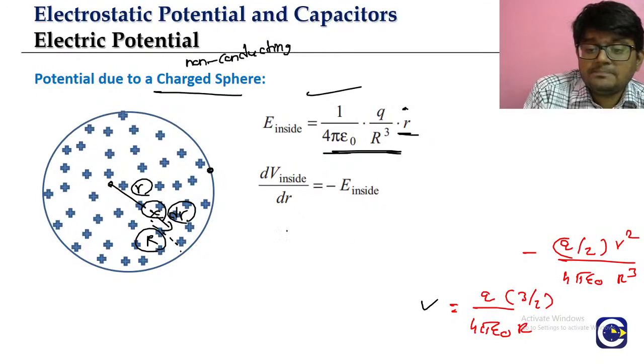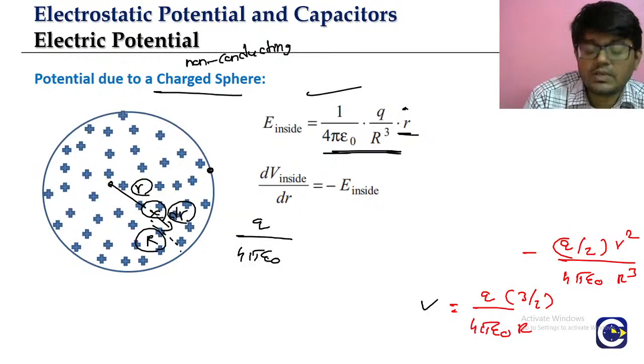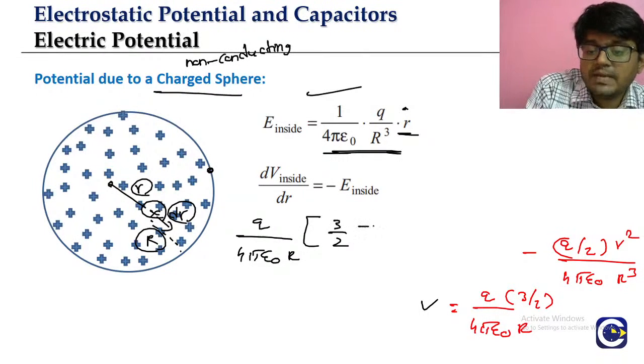Taking q by 4 pi epsilon naught R as common, what comes is 3 by 2 minus r square by 2R square.